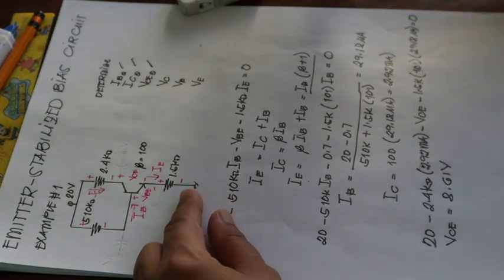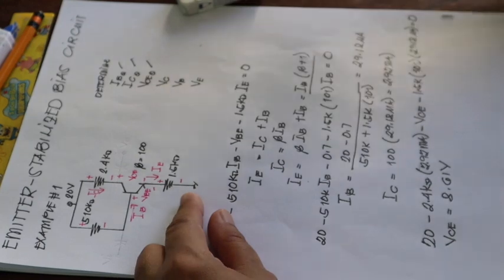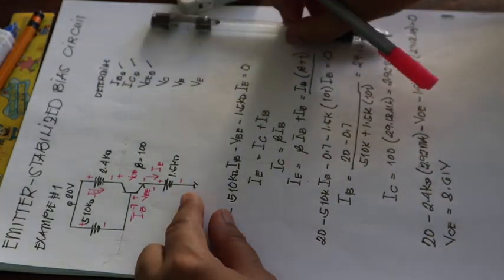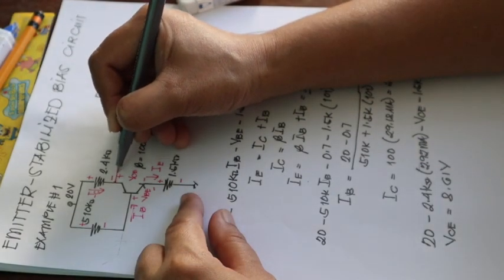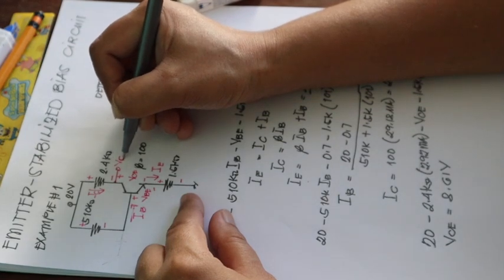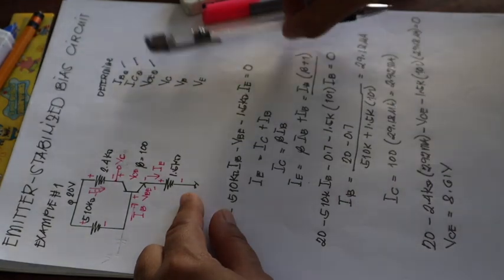So, what's next? We are going to find the VC, VB, and VE. Saan natin isosolve yung VC? Dito. VC is here. So, there are actually two ways to solve for VC.